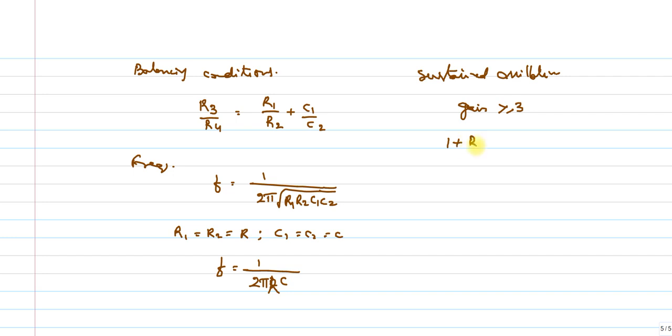Then 1 plus R3 by R4 is greater than or equal to 3, which implies R3 by R4 is greater than or equal to 2. So this is the condition. You have to choose R3 and R4 such that they satisfy this relation. That means R3 should be more than or equal to 2 times R4. Okay, like that you have to follow.